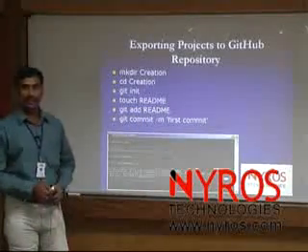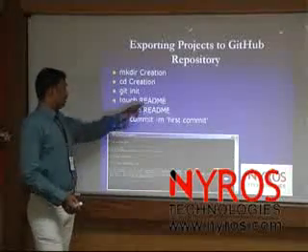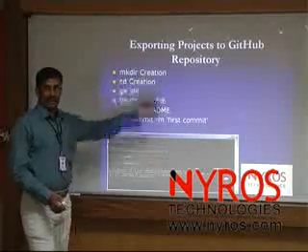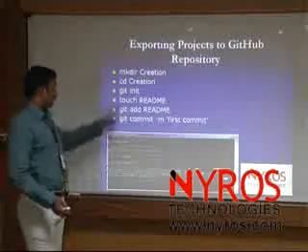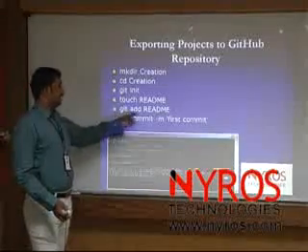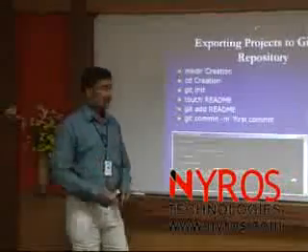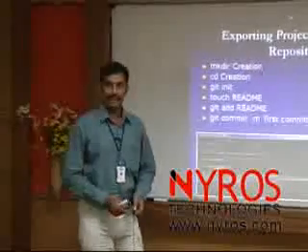It's not mandatory; you can also create it manually. After creating the file, you have to add this file to the project. If you already have an existing project, there is no need to create this. Okay, git add with the file name. It will add it to the local git directory, not to the remote directory.